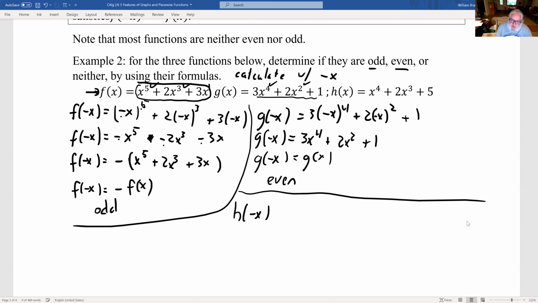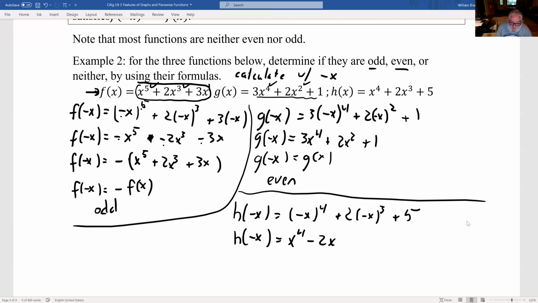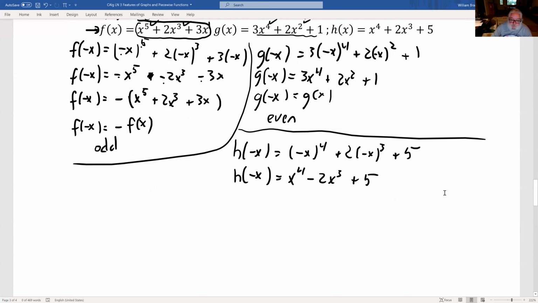you plug in minus x, you end up with minus x quantity to the fourth plus 2 times minus x cubed plus 5. And if you calculate that out, negative x to the fourth, the negative sign drops out. Negative x cubed, you keep the minus sign because it's an odd power. And then you plug in the plus 5.